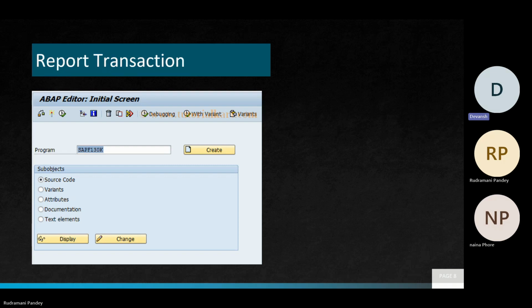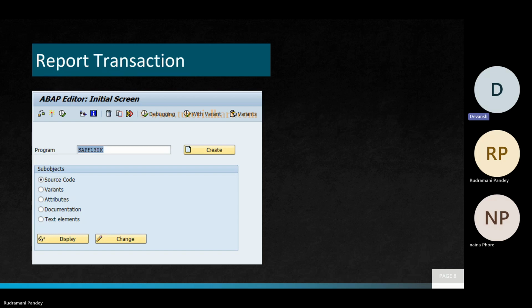That is, what are the different kinds of reports? There will be module pool reporting, then the normal classical report, then also the ALV report. We build these three kinds of reports, and this is where we start learning code and start building reports.